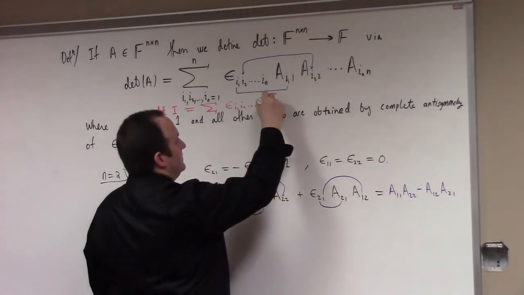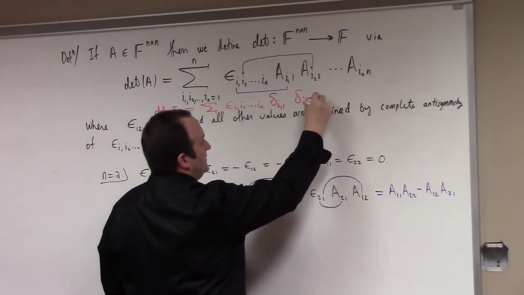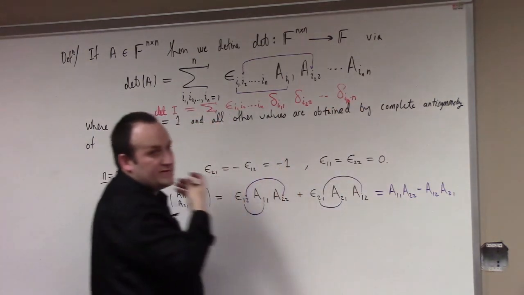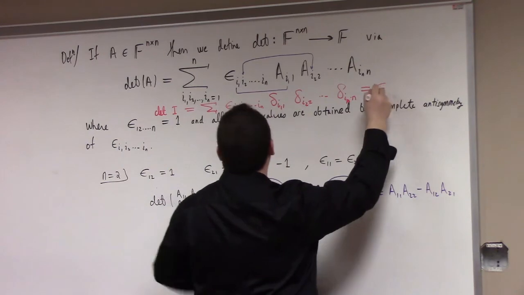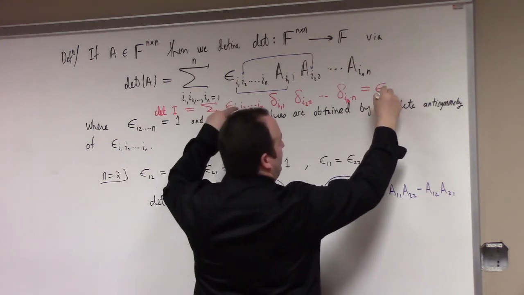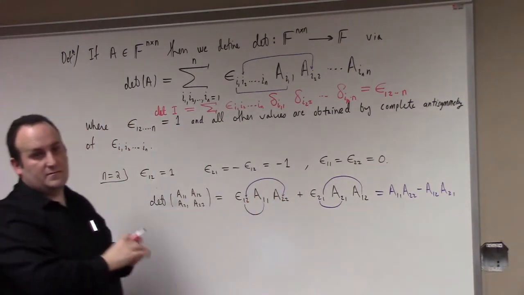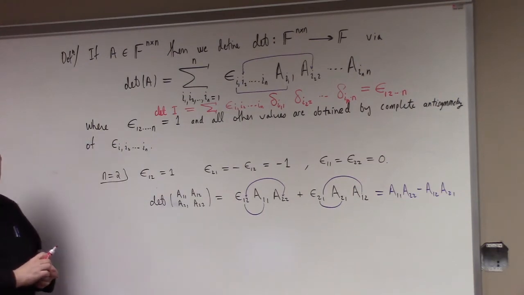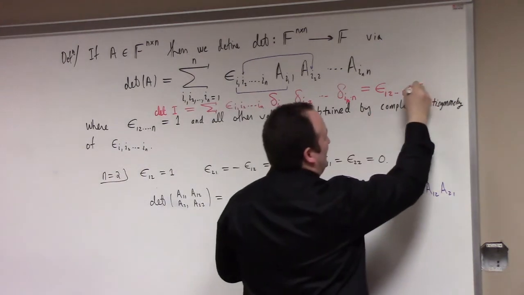We'd have delta i_1 1, delta i_2 2, delta i_n n. What's that do? Well, that collapses the sum to just what? Epsilon, i_1 replaced with 1, i_2 replaced with 2, up to n. Collapsing those sums, we calculate directly from the definition that the determinant of the identity matrix is not 0. This, by definition, is 1.